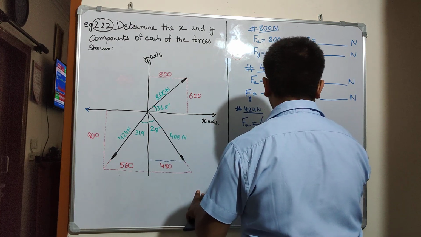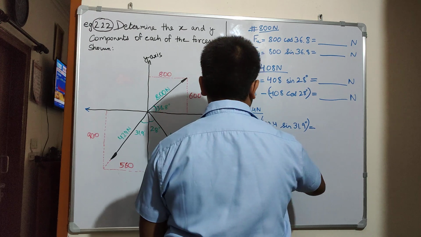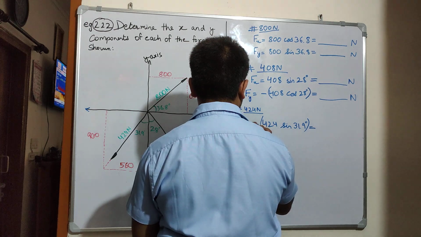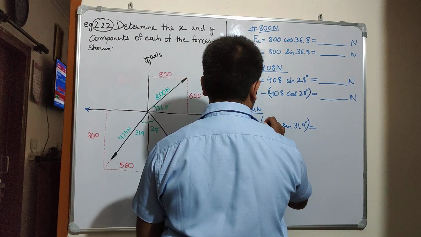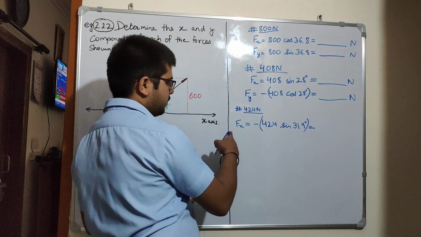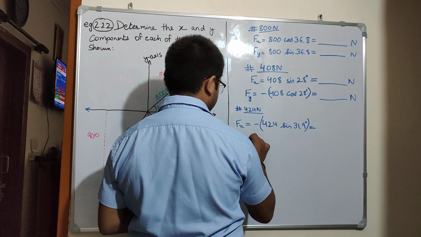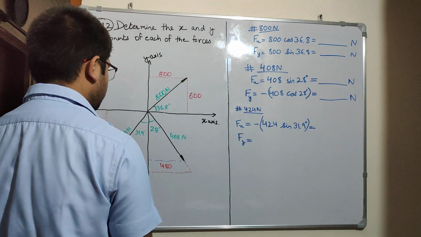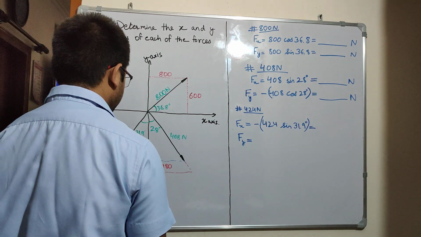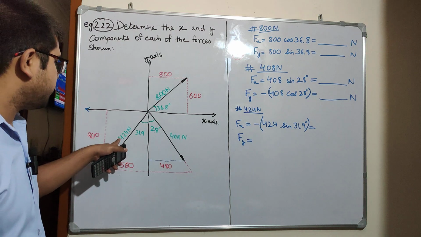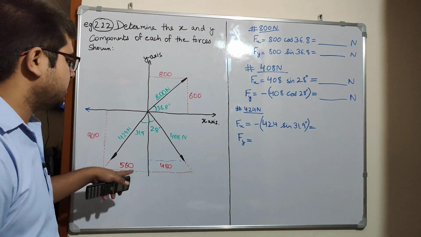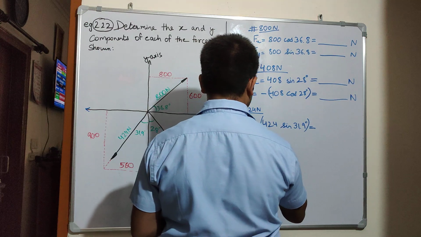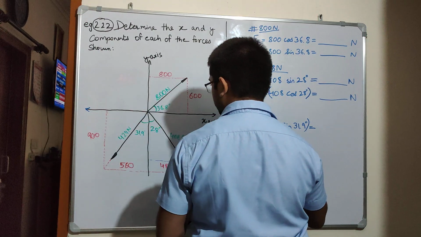And Fy would be 424 cos 31.9 degrees, and that would be negative because it is in the negative direction.